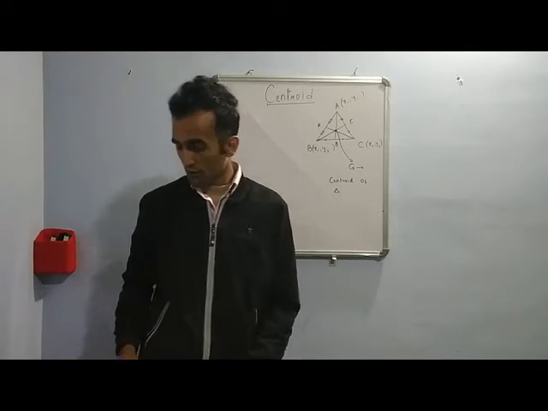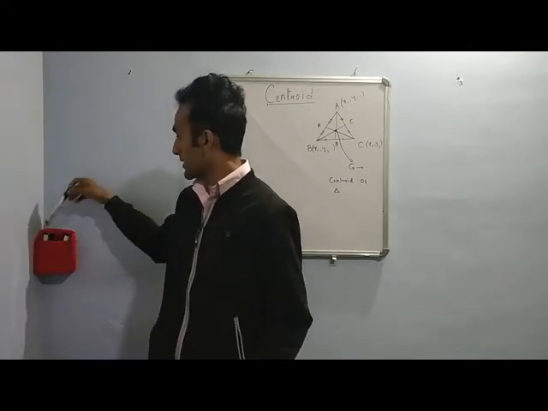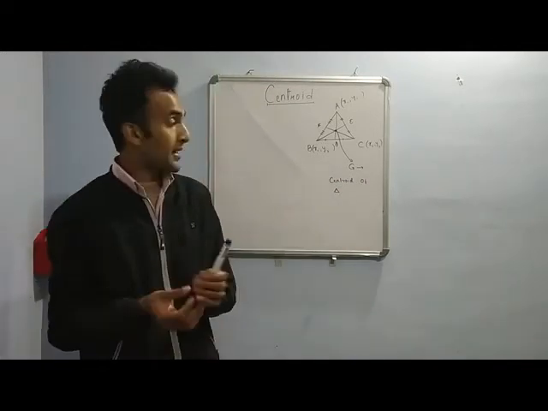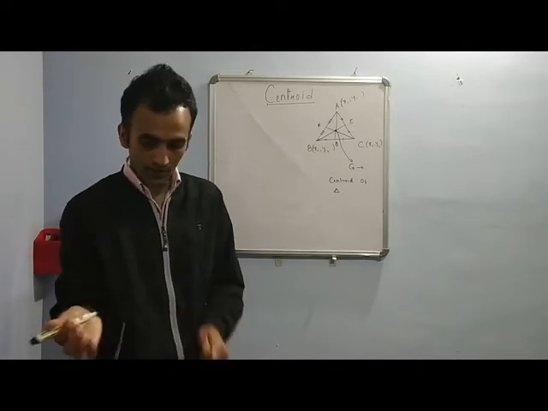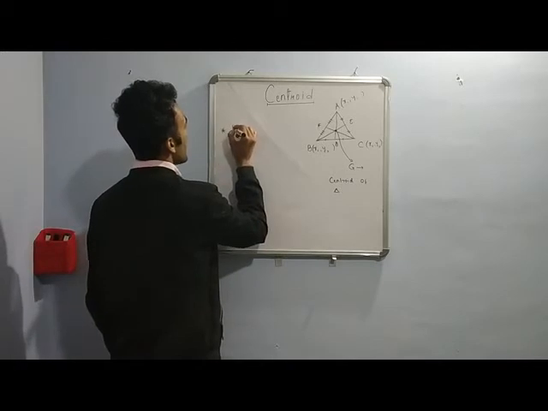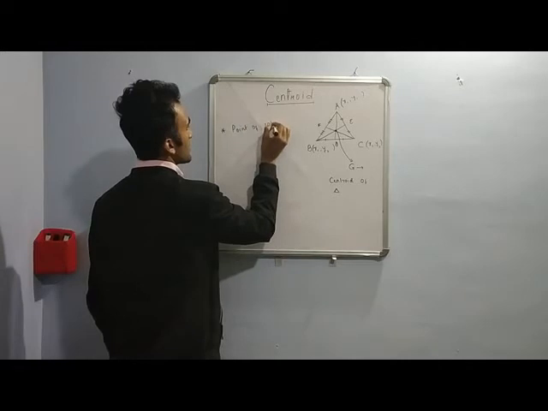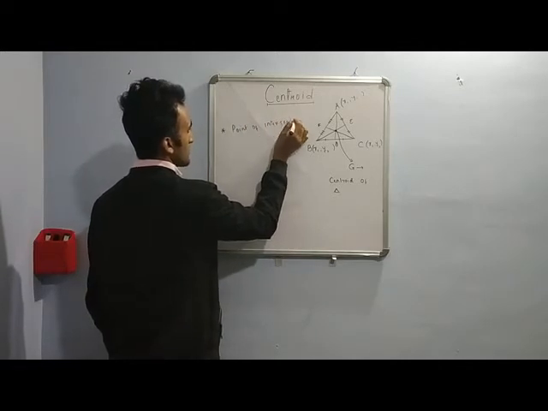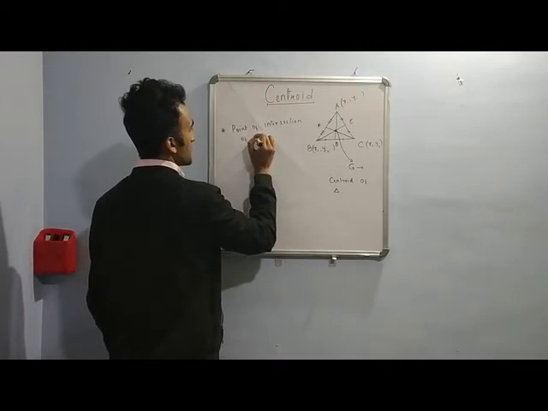It is the point of intersection of all the medians inside a triangle. It's called a centroid. Remember that. Centroid is the point of intersection of medians.